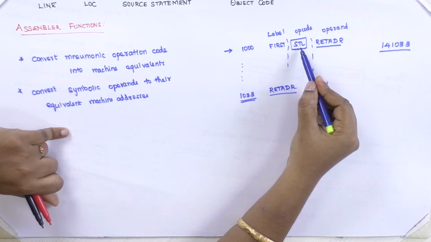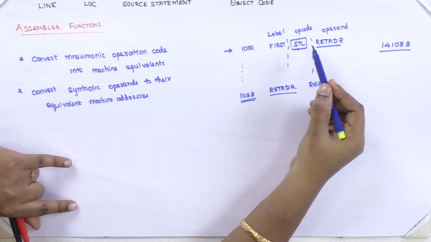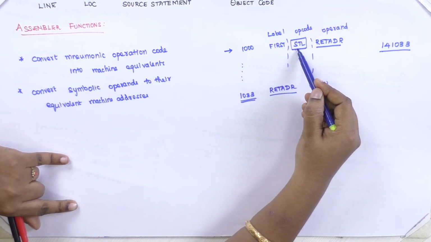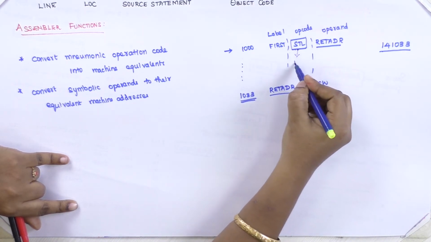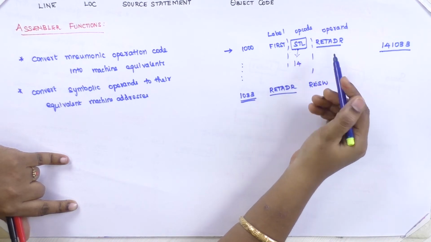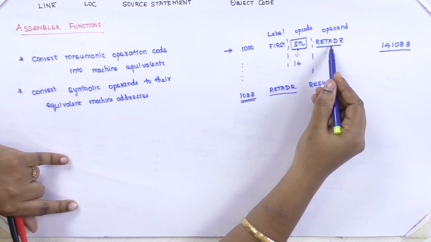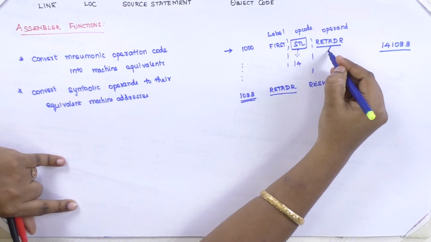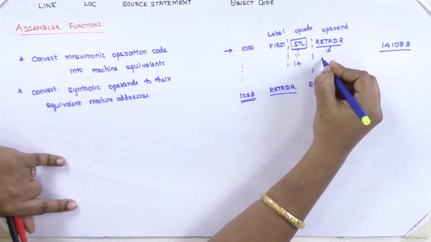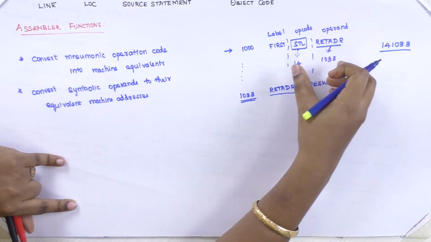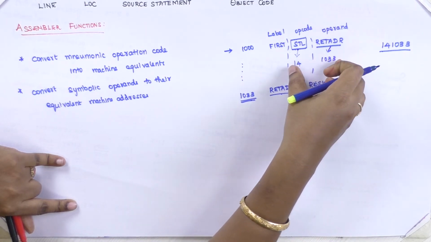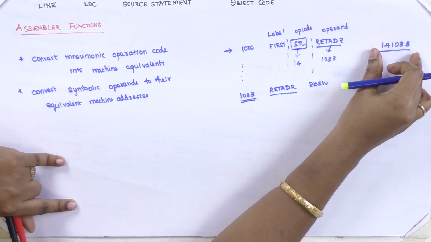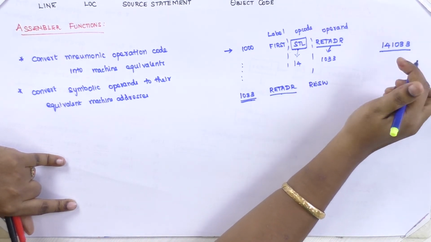So this is the final object code of this particular line. First it will convert the mnemonic opcode to its equivalent. The opcode for STL is 14. Then it will convert the symbolic operand to its machine address. RETADR is present in the address 1033, so it converts to its equivalent address 1033. It will club these two things, the opcode value and the operand address, and form the object code in the SIC program.